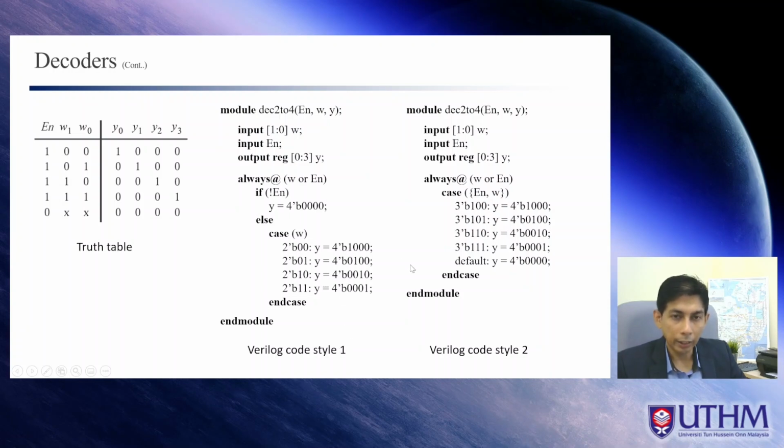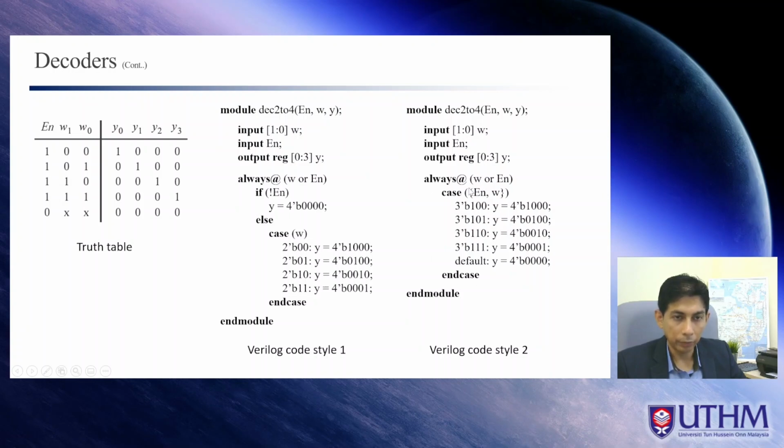And you can have another style of Verilog code, where you can do something like this, and it will give the same circuit and the same result. So the input is the same, but the always block is different.